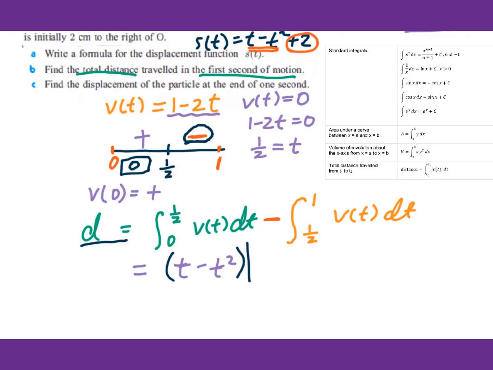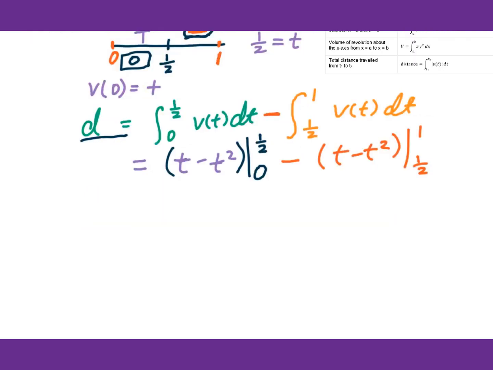So we do this from 0 to 1/2. Then minus, we have t minus t squared from 1/2 to 1. When you plug in 1/2, you will get 1/2 minus 1/2 squared.